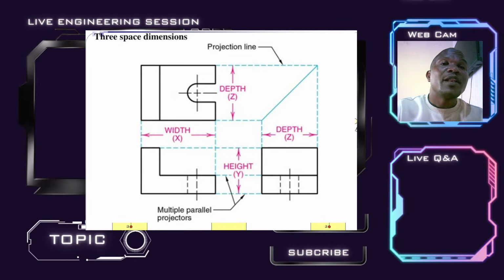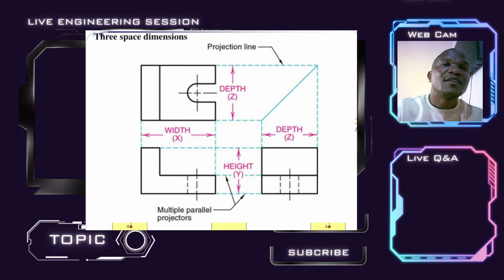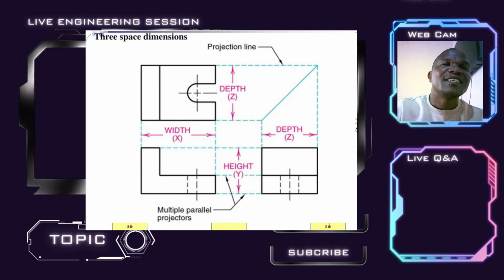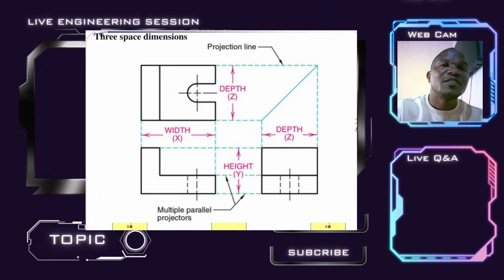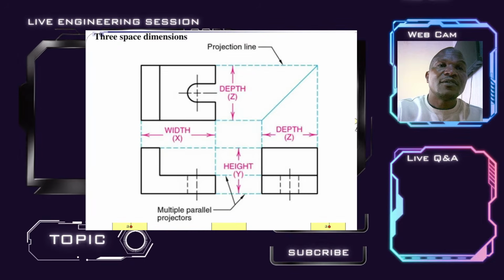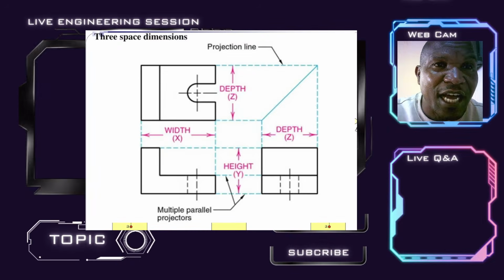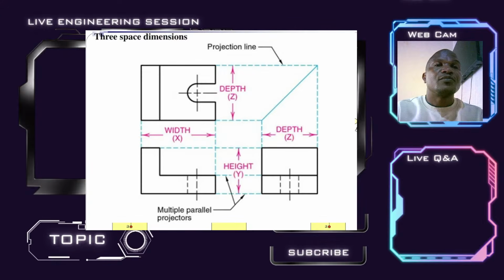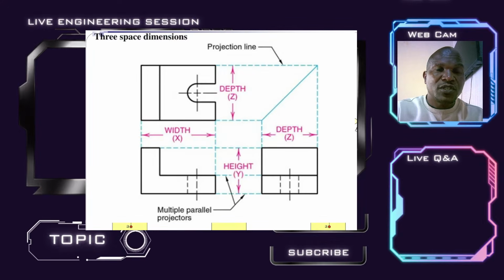When it's being converted, you realize that it's inclined at 45 degrees. In this case, you can use your 45 degree set squares, convert it and project it at the same distance up to where the lines coincide with each other.